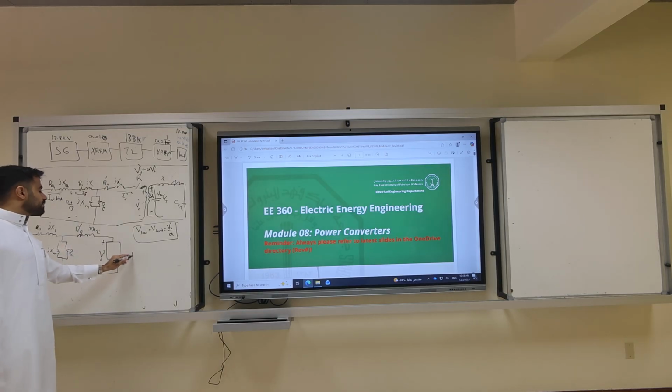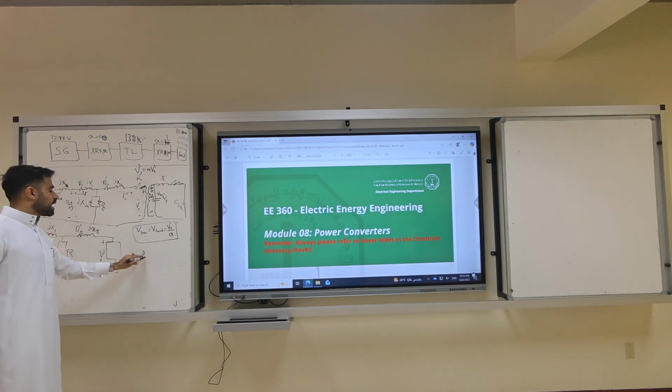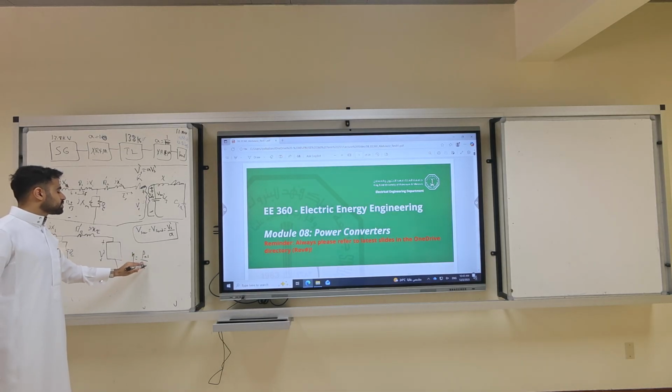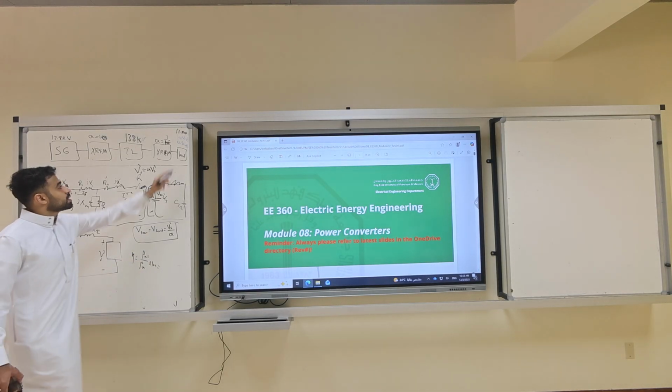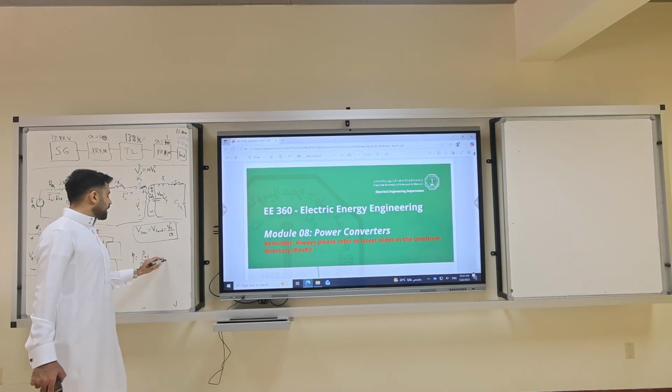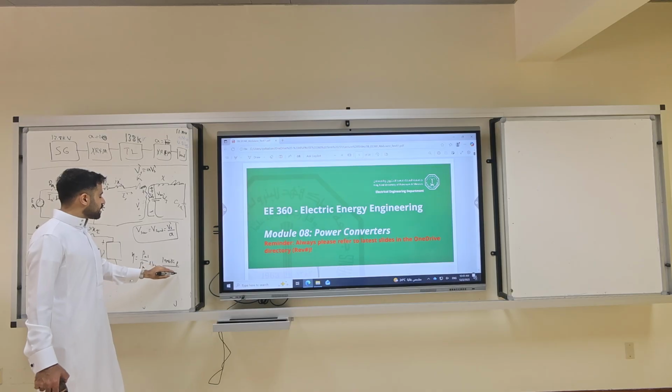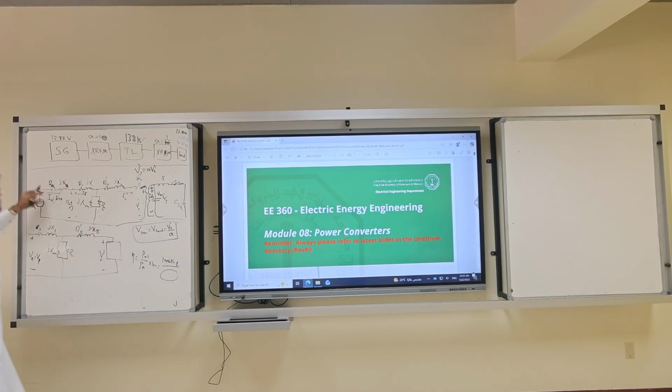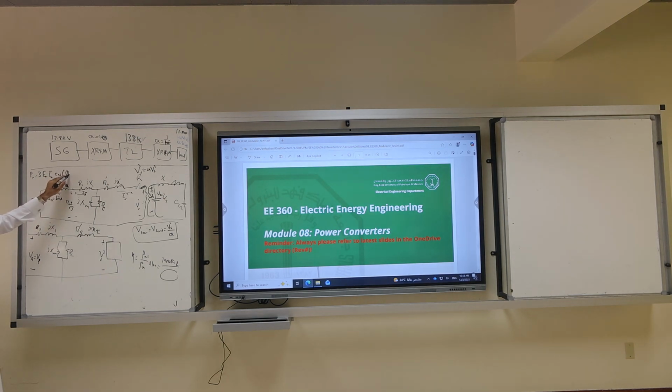Maybe I'll ask what's the efficiency. It's P output over P input times 100. What is P output? 10 MVA times 0.8, divided by P input. How to get P input? It is the P input of the synchronous generator, which is 3 EA IA cosine of theta EA minus theta IA.